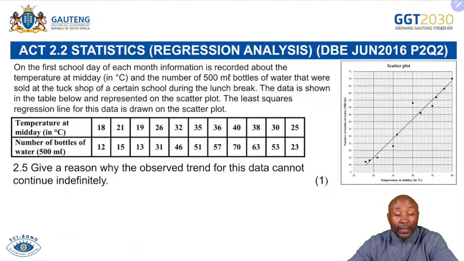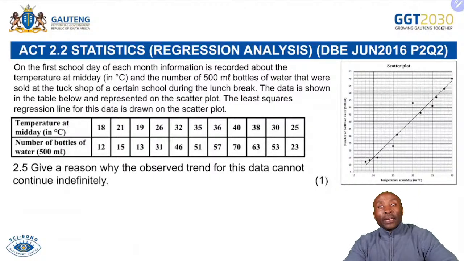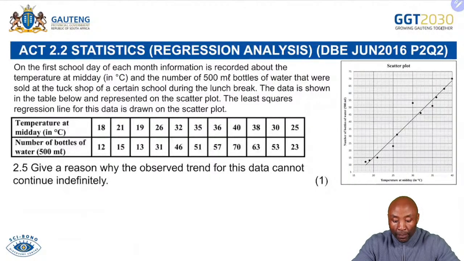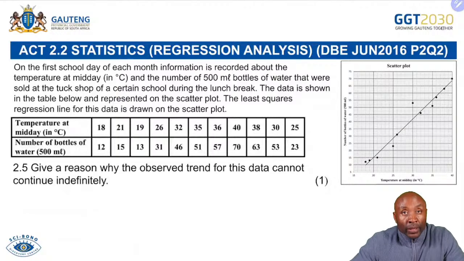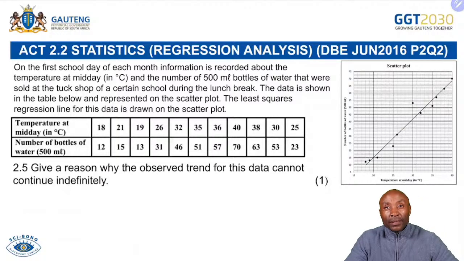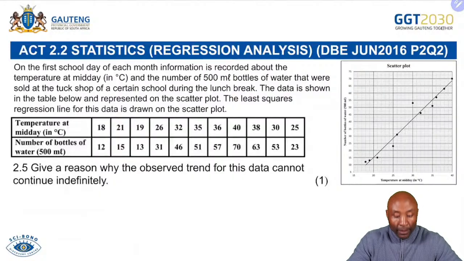So we are seeing that as the temperature increases, the number of water bottles that are bought also increases. But now we have to give a reason why the observed trend for the data cannot continue indefinitely. I wonder what you gave as your response. It makes business sense. As temperature increases, more water is sold, more money goes to the tuck shop. But this trend cannot continue indefinitely.